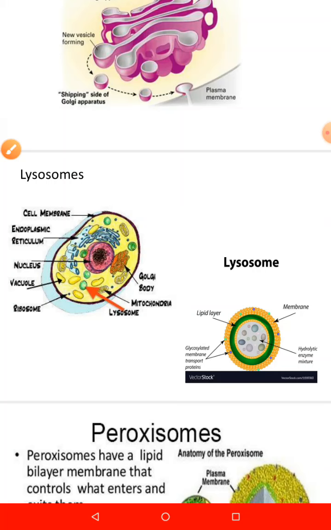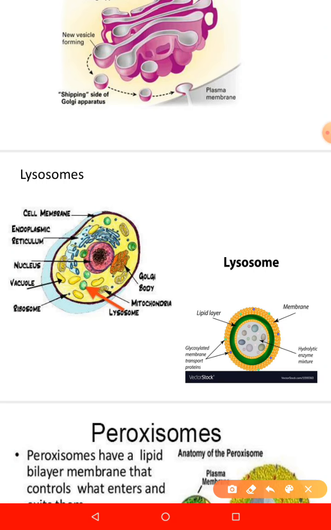So the lysosomes are formed by the Golgi apparatus. The enzymes synthesized in the rough endoplasmic reticulum are processed and packed in the form of small vesicles in the Golgi apparatus.